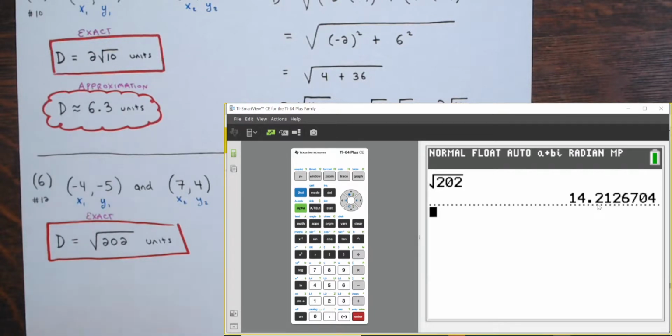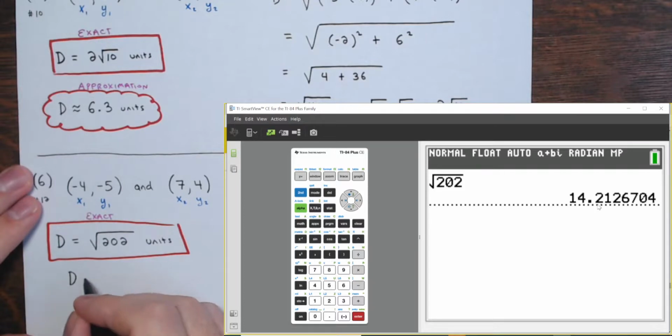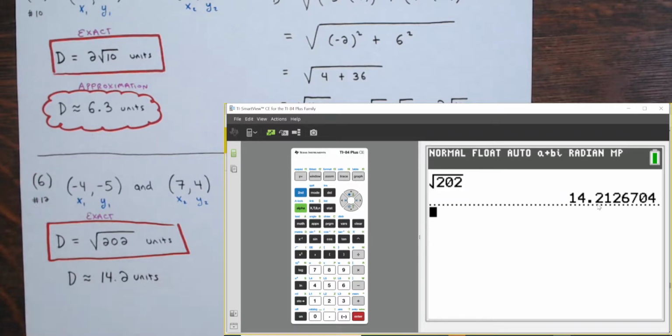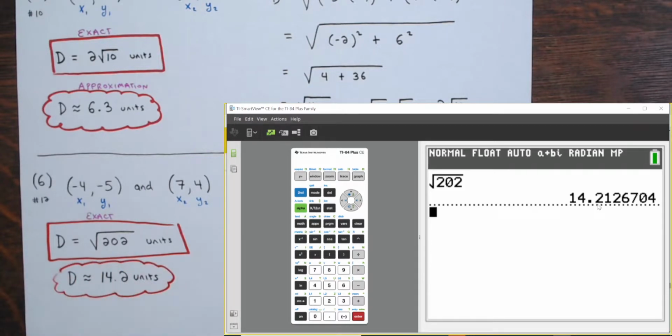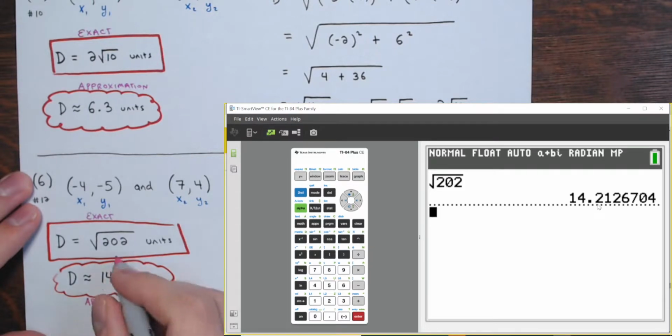So I'll write that here. The distance between these 2 points on the plane, the straight line distance, is about 14.2 units. And again, this is an approximation. This is not the exact answer. It's close. It's a roundabout version of it.